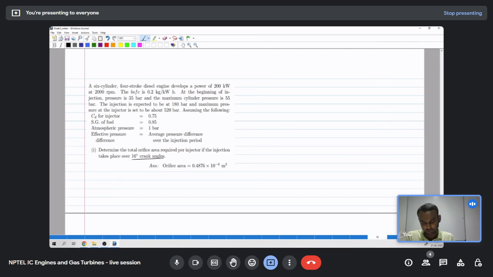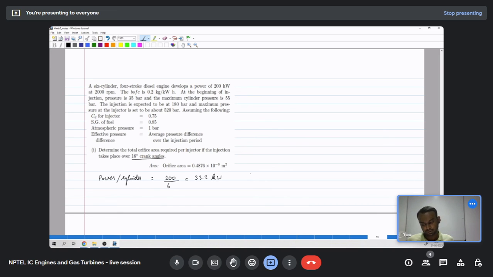We can start solving the problem by calculating the quantity of fuel needed for every cycle, like in the previous case. Now we have total power as 200 kilowatt, but power per cylinder will be 200 by 6 equal to 33.3 kilowatt.